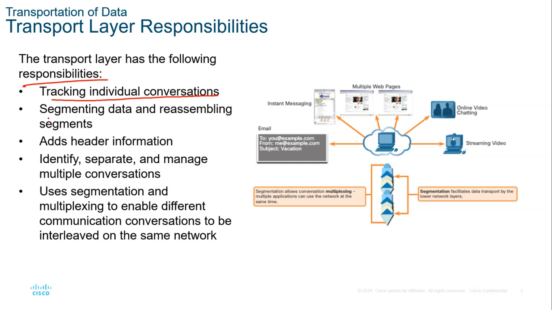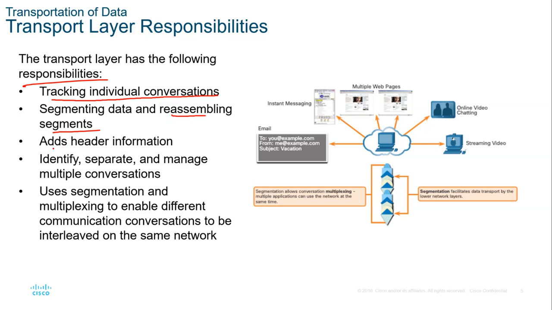With the help of the transport layer, there is segmenting data and then reassembling data. At the source it segments the data, then when it comes to the other side, the receiver or the destination, that segmented data is reassembled back to get the whole data that was sent.